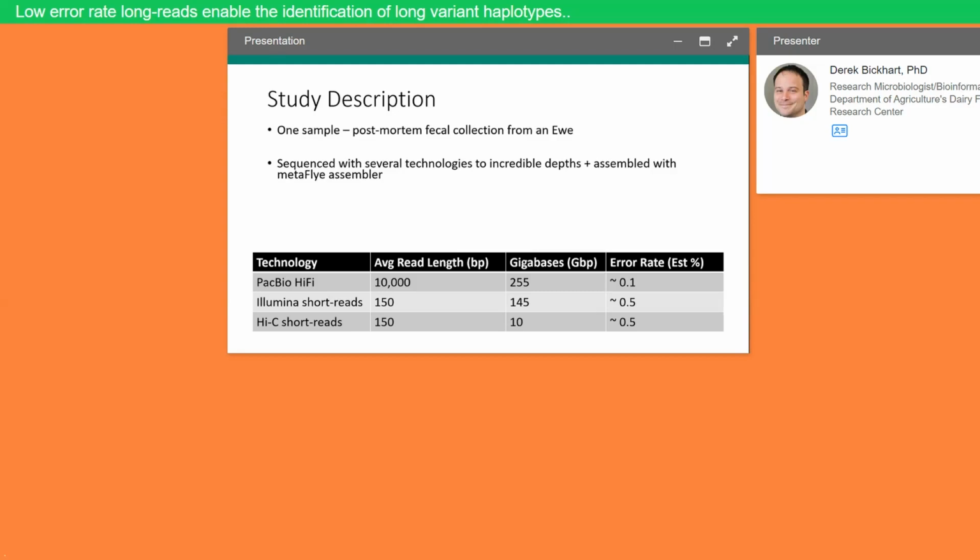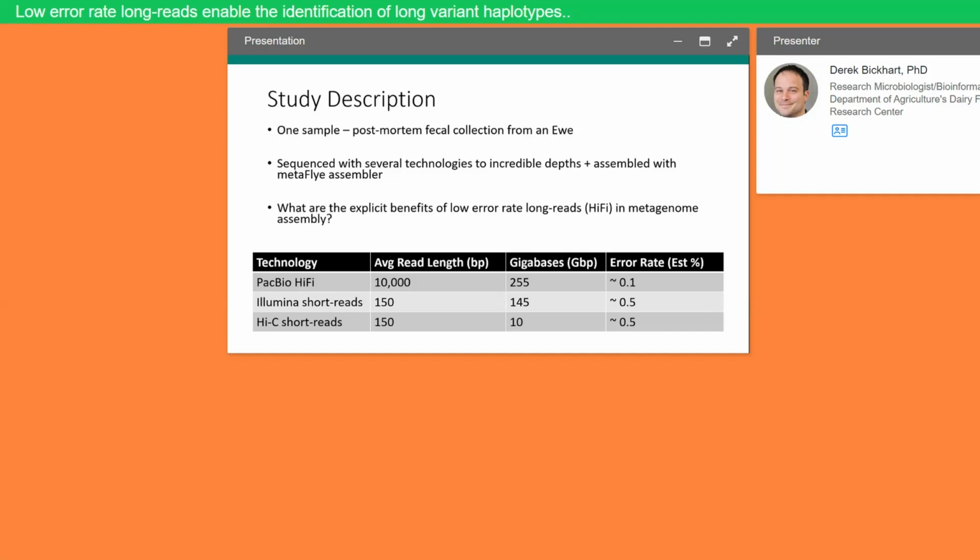To give you a sense for the amount of data that we collected, the primary DNA sequencing technology was the generation of PacBio hi-fi reads, which were in total about 255 billion bases of DNA sequence, or gigabases. In addition to this, we generated Illumina short reads for both read depth and polishing purposes, and we also generated Hi-C short reads for binning.